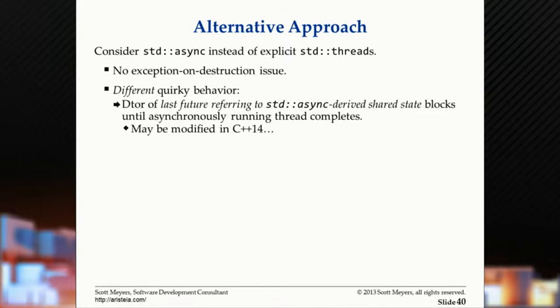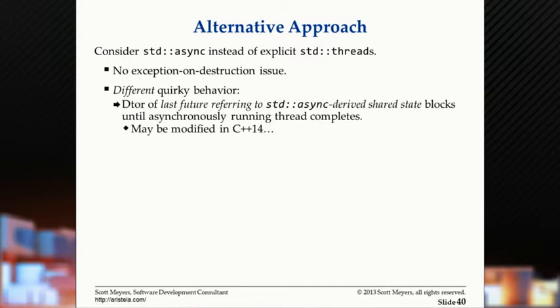In particular, the exact details are that the future that you get back from async refers to something known as the shared state, which is where the result is actually going to go. And if you end up with a future that refers to a shared state that originally was created due to a call to async, and you are the last future referring to it, then in your destructor, you will do an implicit join.